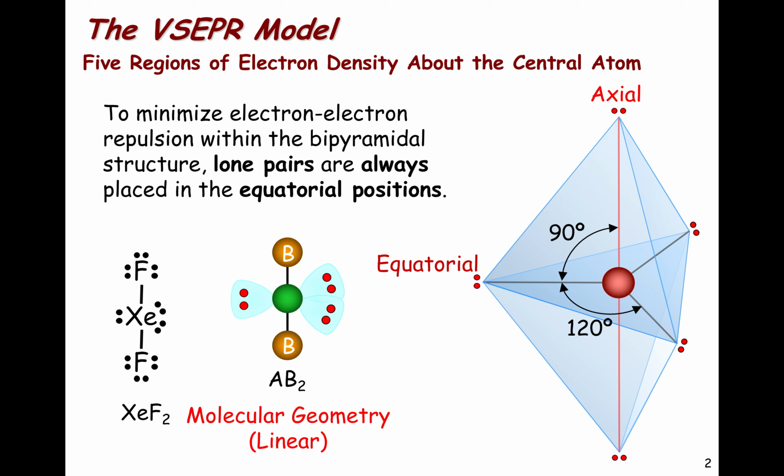The bonding pairs between the xenon and the fluorine are somewhat elongated because they're being shared between two atoms, as compared to the lone pairs, which are drawn tightly towards the central atom. And so generally, in the structures that we will consider here, if we have lone pairs, we will preferentially put them into equatorial positions before we have to put them into axial positions.